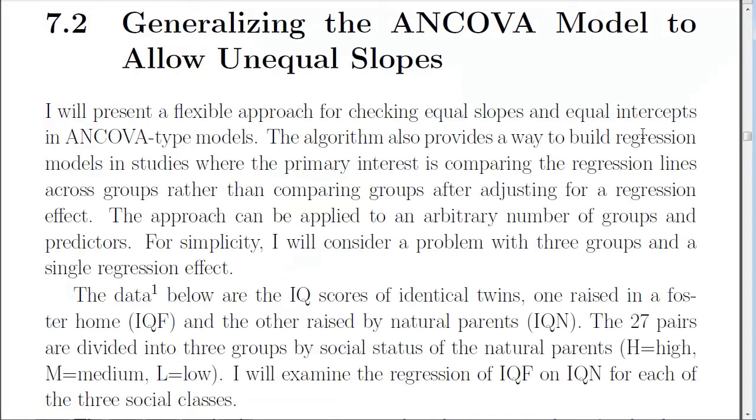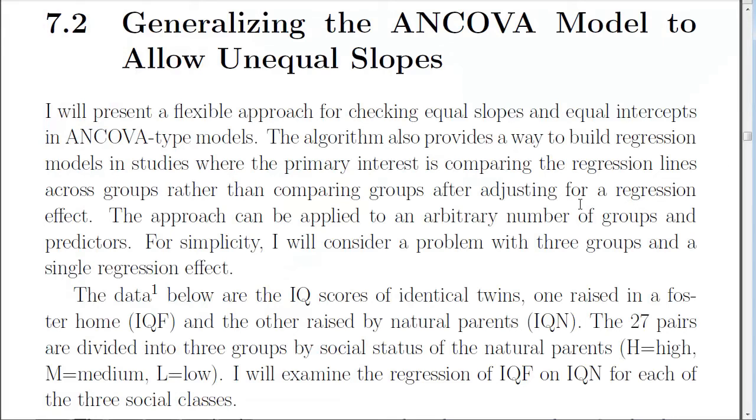We'll look at generalizing the analysis of covariance model to allow unequal slopes, unequal intercepts, all the varieties of those combinations of whether the slopes are different, intercepts are different, and so on. Often in these types of ANCOVA models, we're interested in comparing whether regression lines are the same across groups, and if they're different, how those regression lines are different.